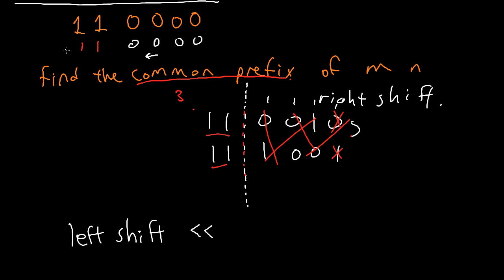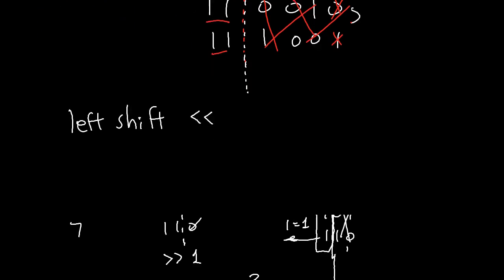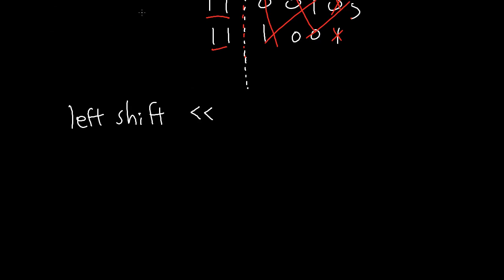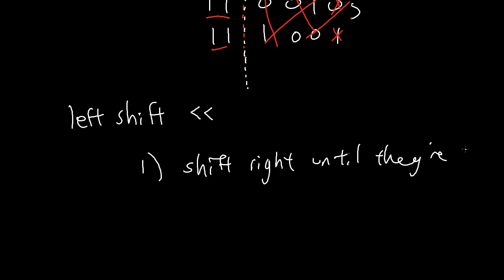So this gives us our solution. So basically our main algorithm will become: 1, shift right until they're equal, and then 2, shift left back to where they belong.